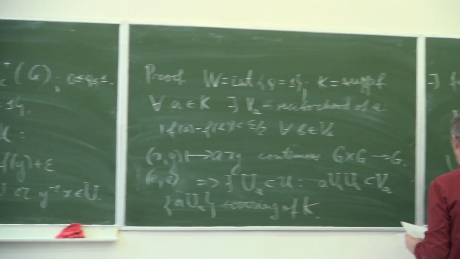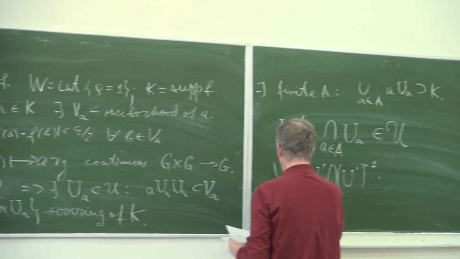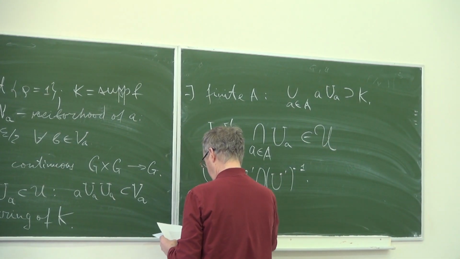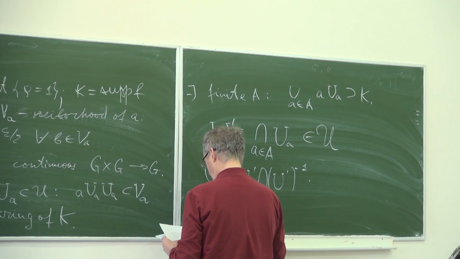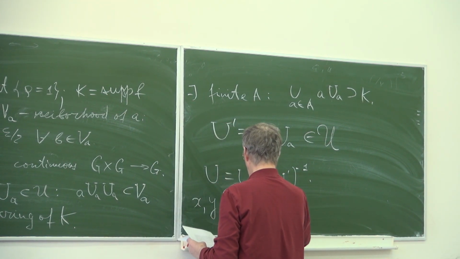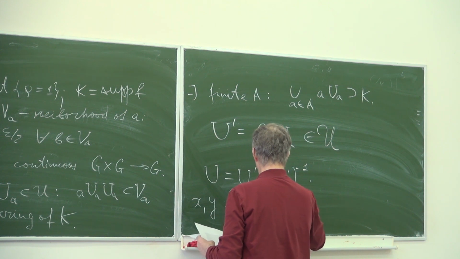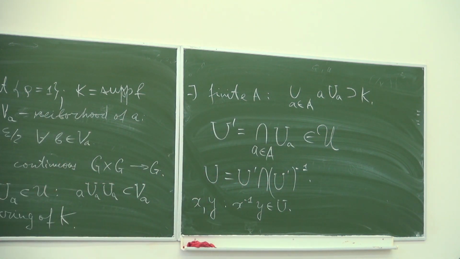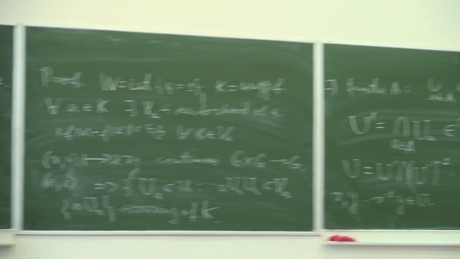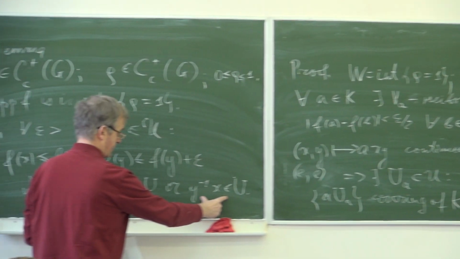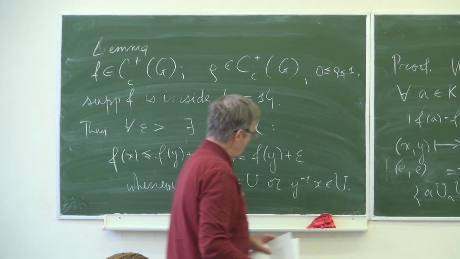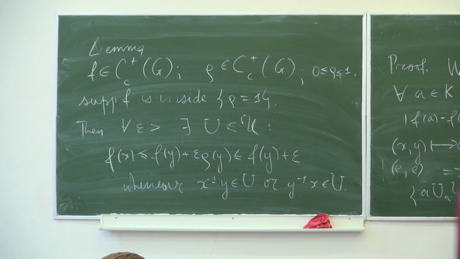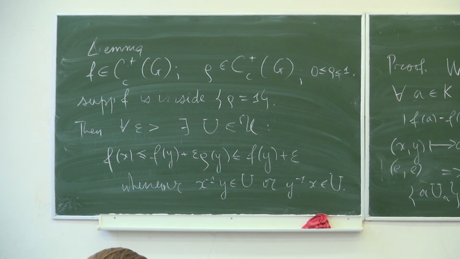Well, now take x, y, so that x to the power minus 1 y is in U. So we require this condition, and this is the same now as that condition, so we may require either of them. They're equivalent right now.